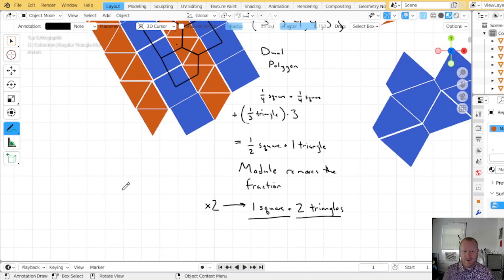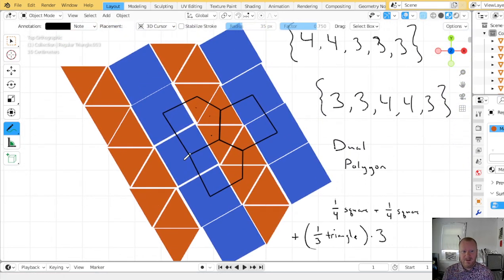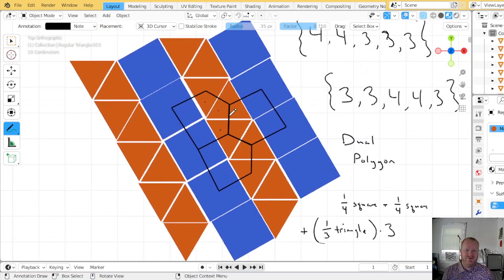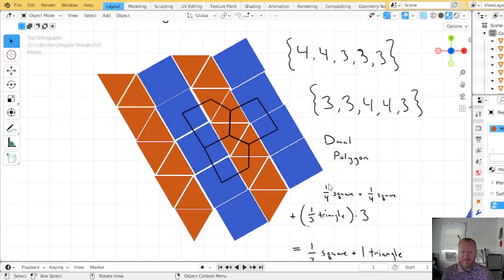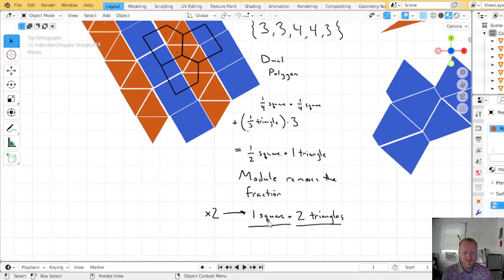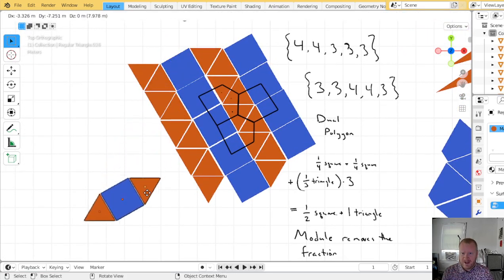And one way to think about this dual polygon is in terms of these pentagons, right? These pentagons make up a dual tiling, a second way to tile it. But if I grab 1 square and 2 triangles, like this module is suggesting, here's one version of that.